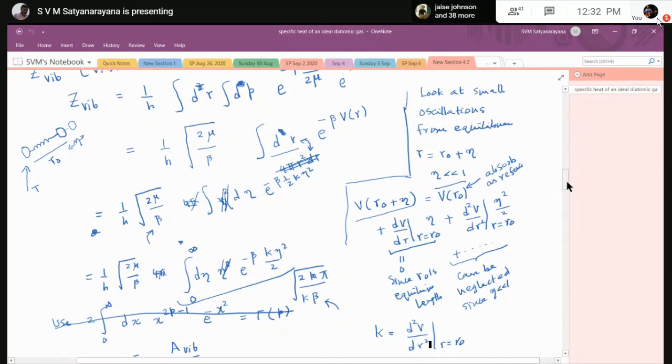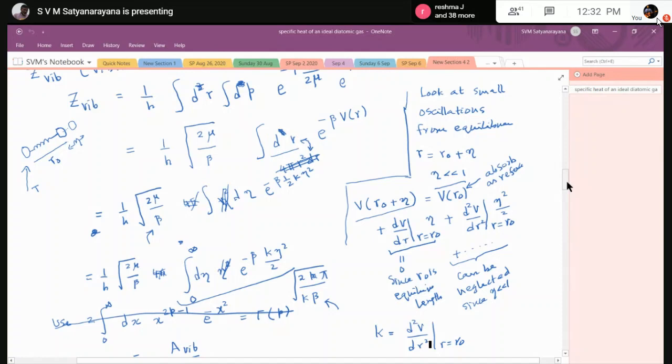But you may have some deviation, because the moment you put in some anharmonic terms, there is going to be a decrease in the thermal energy, and there is going to be some decrease in the specific heat.